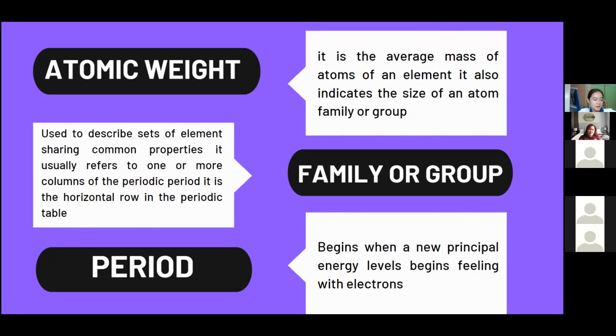In your periodic table, beside hydrogen, lithium, and sodium, you will see the numbers 1, 2, 3, 4, 5, 6, and 7. Those are your periods. All the horizontal rows numbered 1, 2, 3, 4, 5 are called periods.